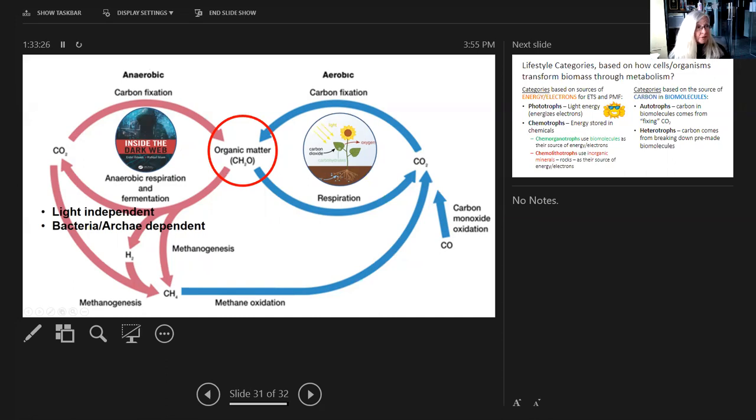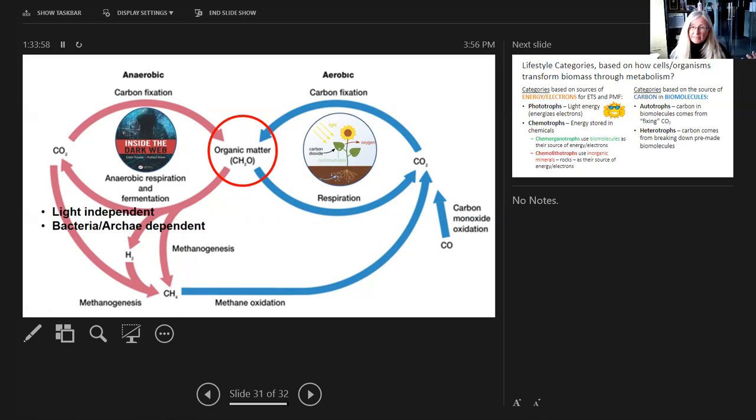This is all you knew up until just now. But I'm here to tell you about the dark web of carbon. This is the dark web of carbon over here. This is light independent, it is anaerobic, and it is only done by, guess who? Bacteria and archaea. By the way, this is a book, and I don't know anything about this book. I'm not advertising the book. I just like this because it summed up what I'm trying to say here. It's the dark, quiet web. Don't tell anybody about it.